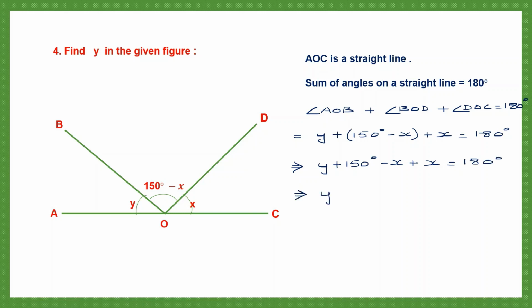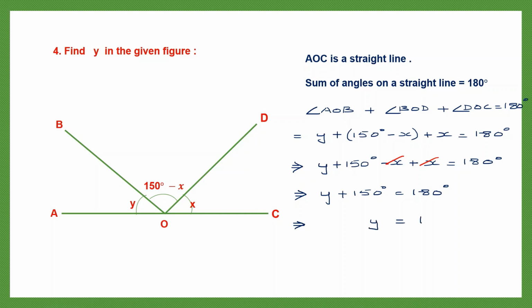So before that, let's simplify whatever's inside. Now if you look at this, minus x plus x is equal to 0. So they will get cancelled. So here we only have y plus 150 degrees is equal to 180 degrees. This has become a linear equation. So now we can solve and find the value of y.